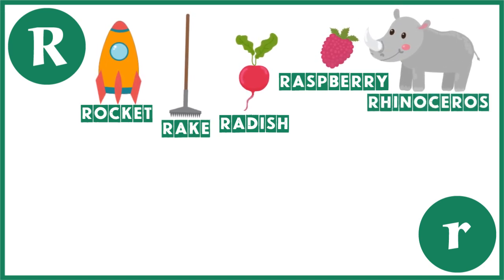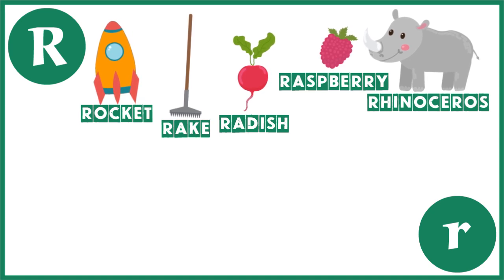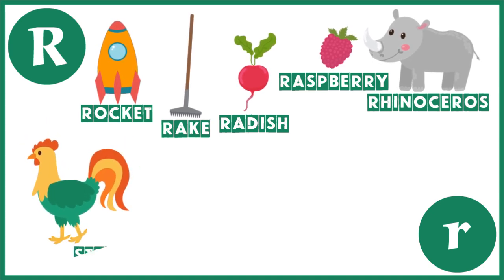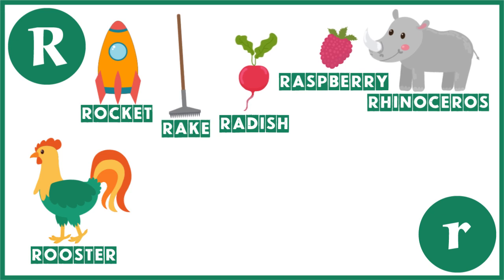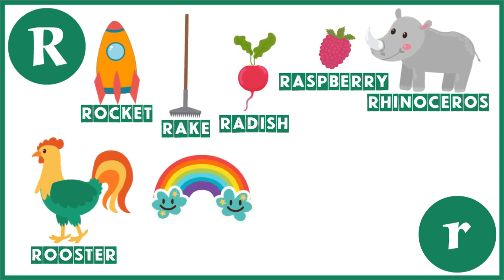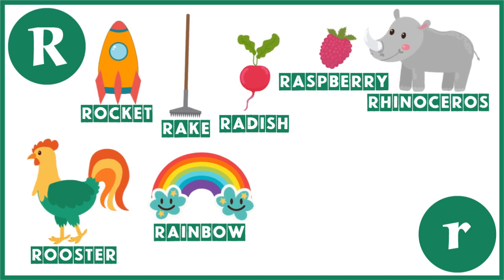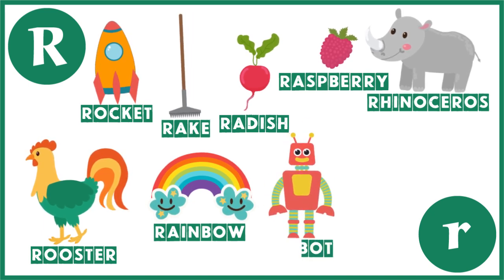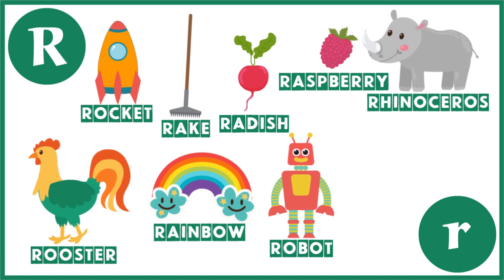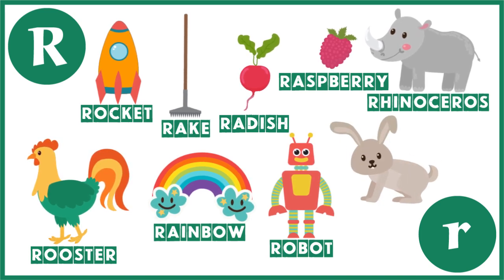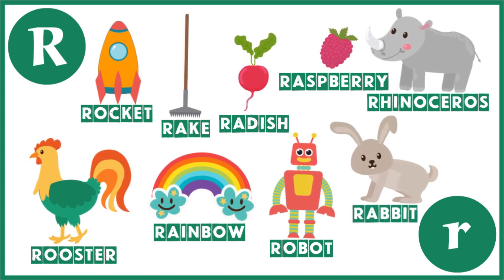R for rhinoceros. R for rooster. R for rainbow. R for robot. R for rabbit.